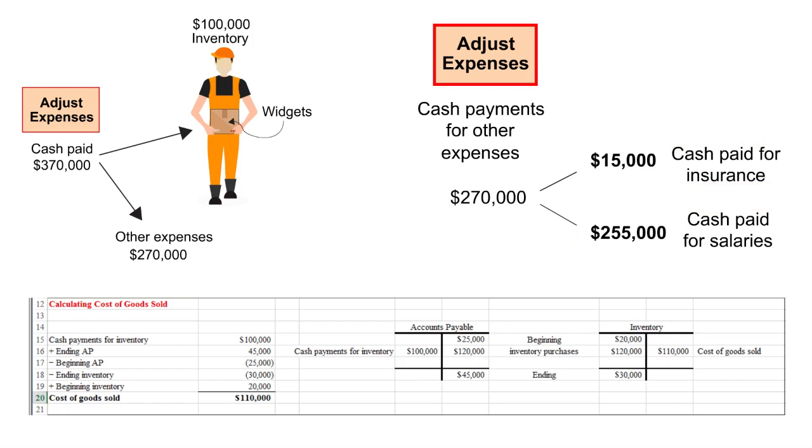Again, the company must account for expenses incurred but not paid in cash during the year, and cash payments that don't relate to this year because they were actually last year's. So an adjustment to the $270,000 based on the balances in prepaid insurance and salaries payable will convert it to the accrual basis.